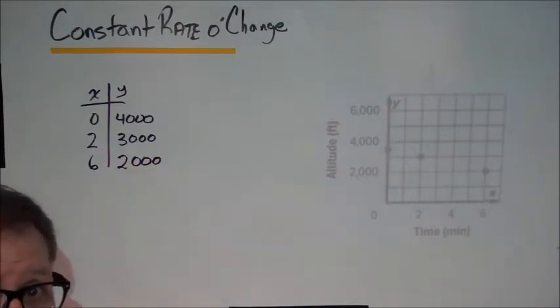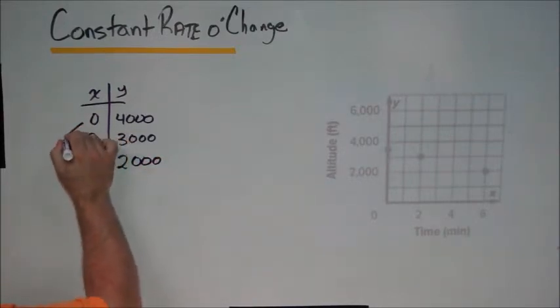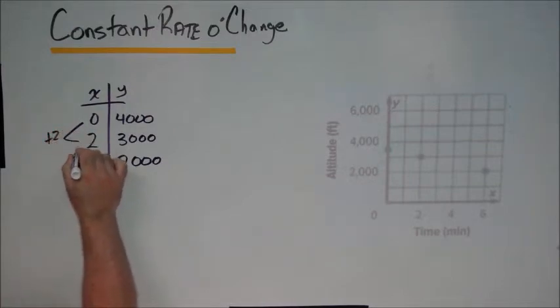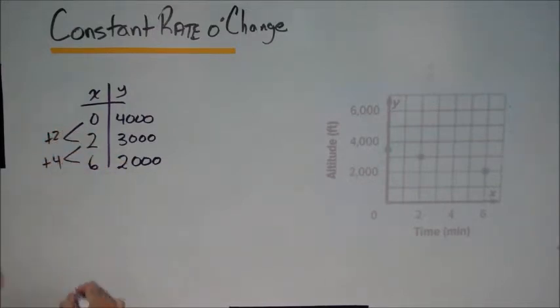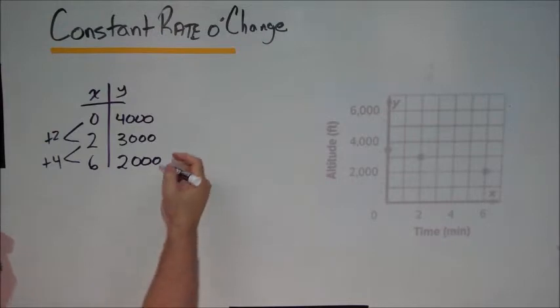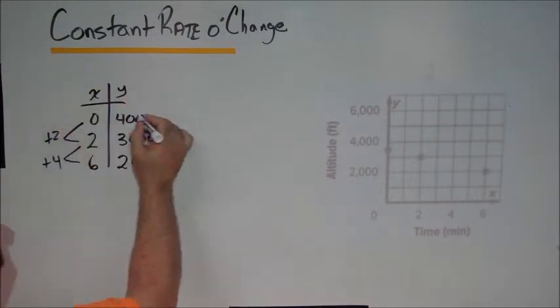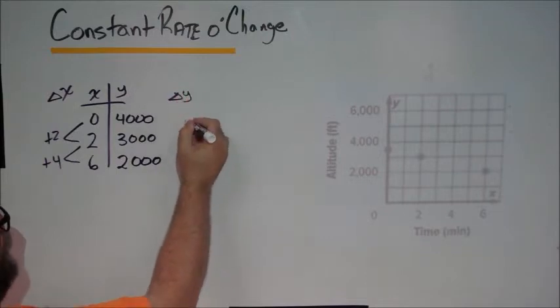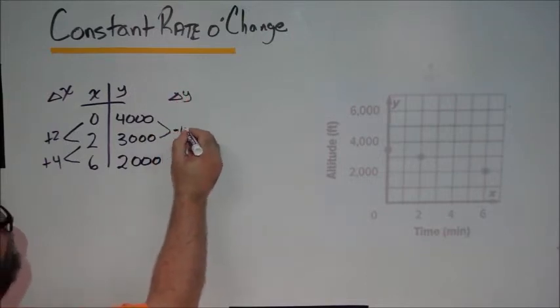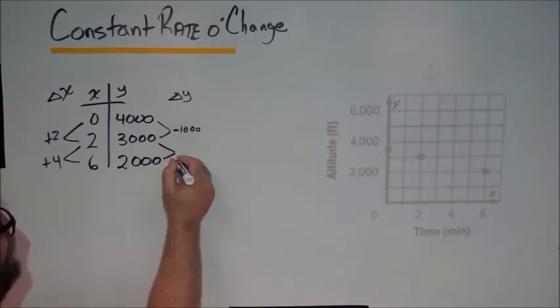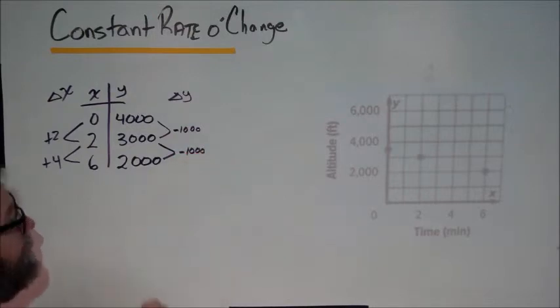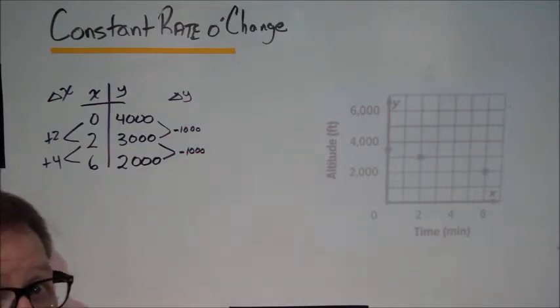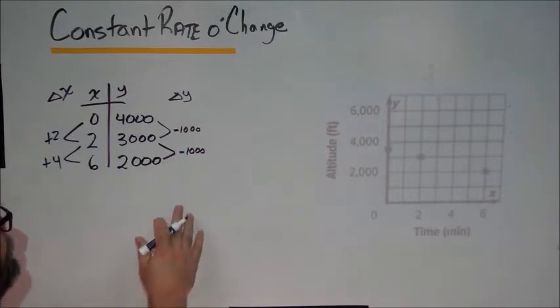So we're checking the rates of change and their proportionality here. Here I'm at plus 2. Here I'm at plus 4. Okay? Now what that gives me is my change of x. Now let's check my change of y. Here I am at minus 1,000 and minus 1,000. Now the ratios are what matters. Let's determine if it's a linear equation or not.